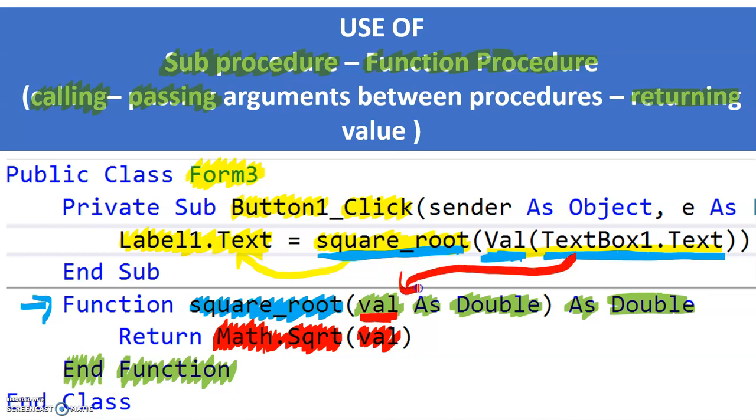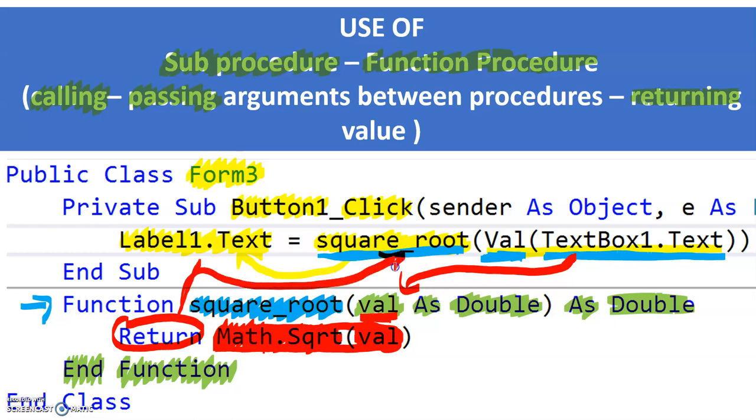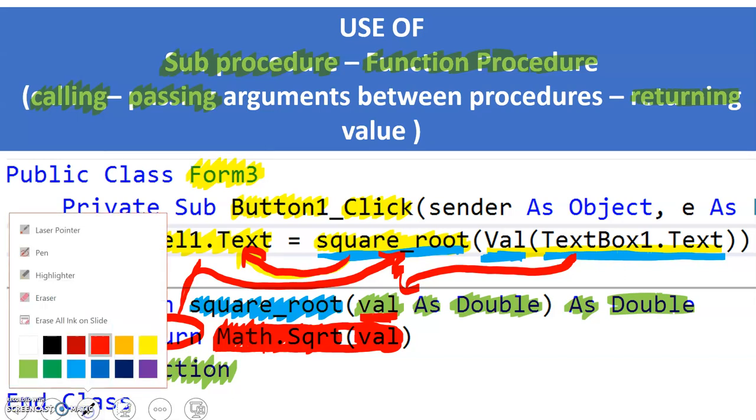We fetch this value, it finds the square root, and whatever value this function brings will be returned over here. Once this portion gets this value, that value will be assigned to this label. This is how the function and the sub procedure work.